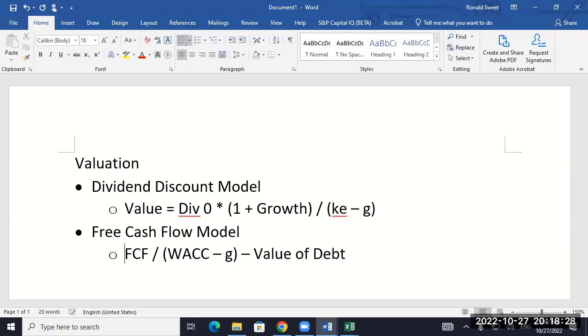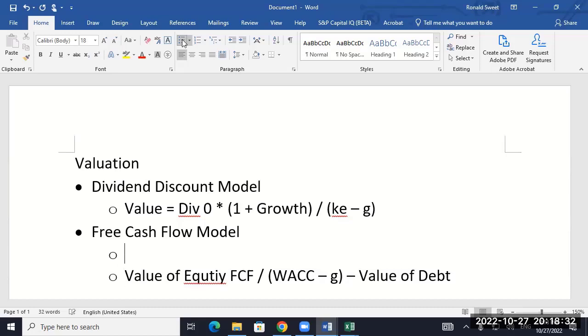Y'all remember that? Did y'all use this formula in a class? The value of the firm, the free cash flow divided by the cost of capital minus the growth rate. And then to get the value of equity, you subtract out the value of debt.